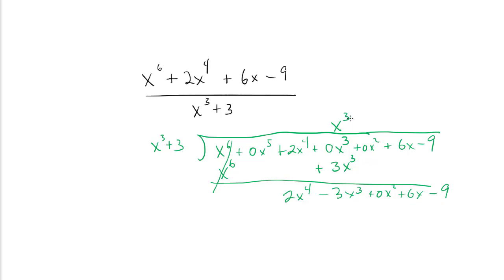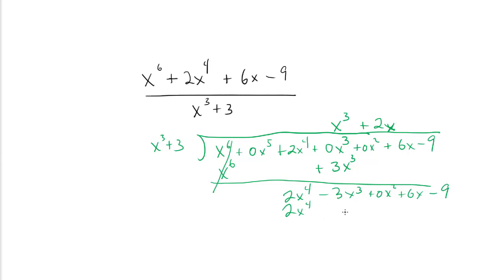Now I'm going to go through the same type of process. What can I multiply by x cubed to give me 2x to the 4th? Well, that's going to be 2x in this case. 2x times x cubed will give me 2x to the 4th. And then 2x times 3 should give me plus 6x.